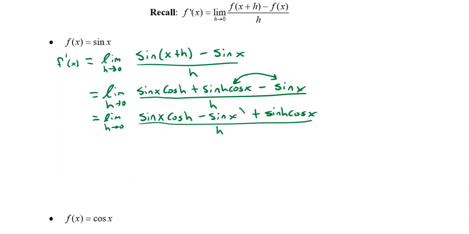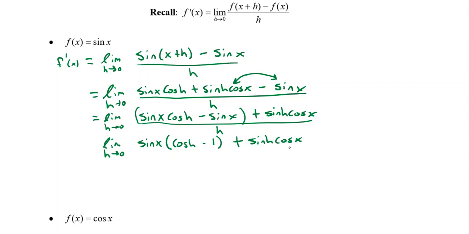Now, I'm going to just factor this part of it. I'm going to pull a sine x out of just those two terms. So this is the limit as h approaches 0 of sine x times cos h minus 1, plus sine h cos x.